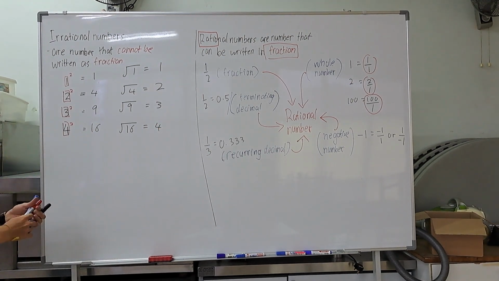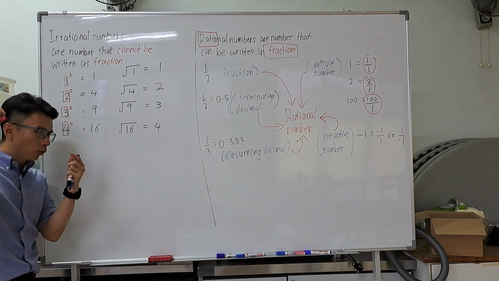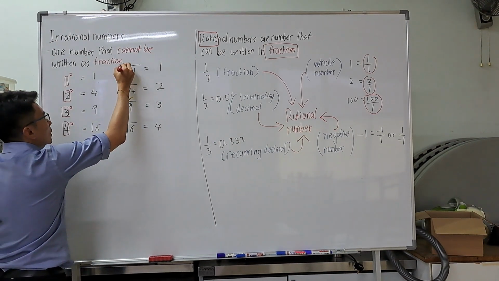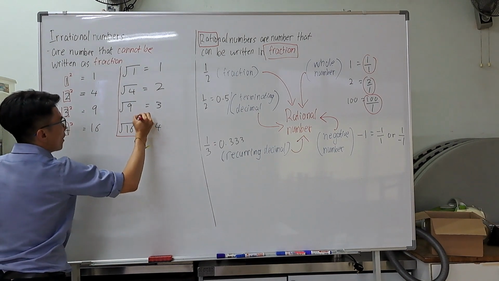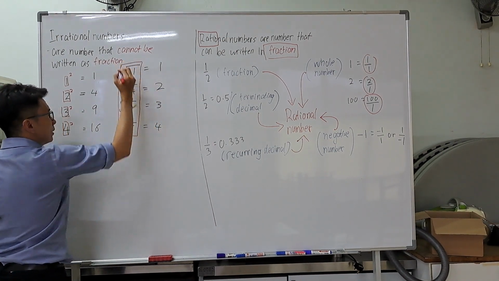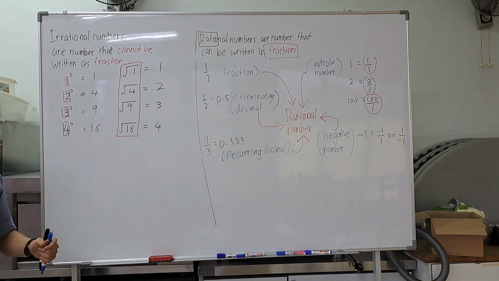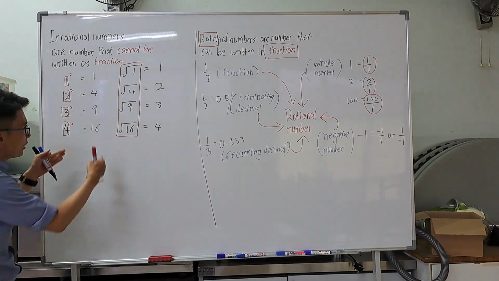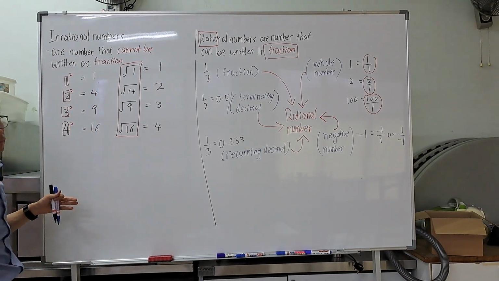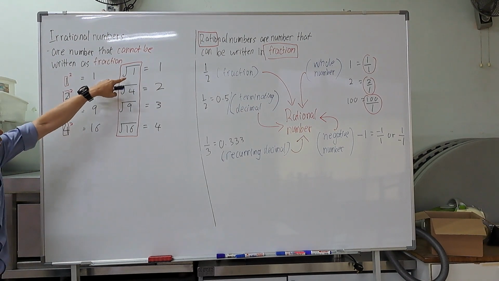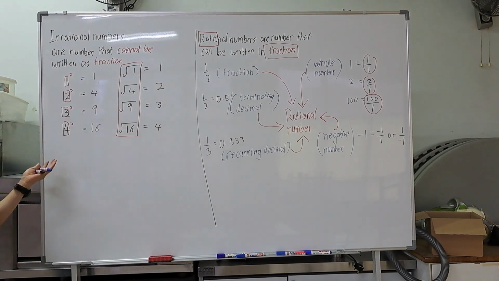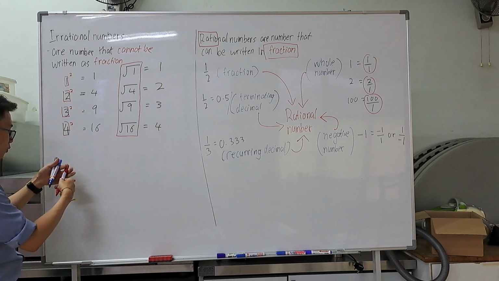Now, what I want you to focus on are these numbers over here, and I will plot these numbers onto a number line. Square root of 1 will be the most left.